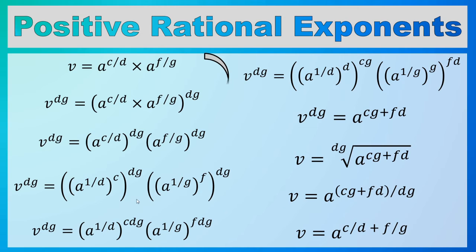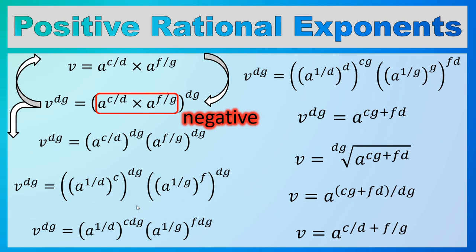Now question, what if this step was irreversible? Well, that would mean that this expression would have to be negative. And so that means either that expression or that expression would have to be negative. And so that means a or a would have to be negative. And so that means that a is negative. Also, you need to have dg to be even. So that means that either d and or g has to be even.